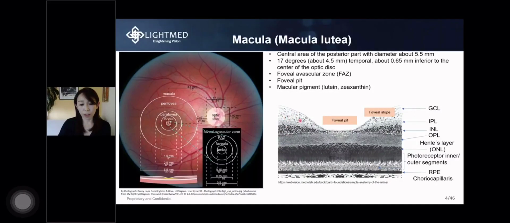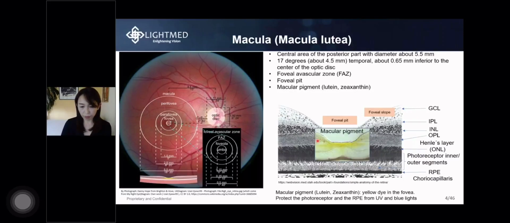If you look at a slice of the retina, it looks like this. The retina is composed of many different cells and nerve fibers. And the last layer is called the pigment epithelial cells, RPE, and here are the photoreceptors. In the fovea, it looks like this. It is like a foveal pit, and we also call it the foveal depression, and so on. And here, if you look closer, there is a lot of yellow pigment.